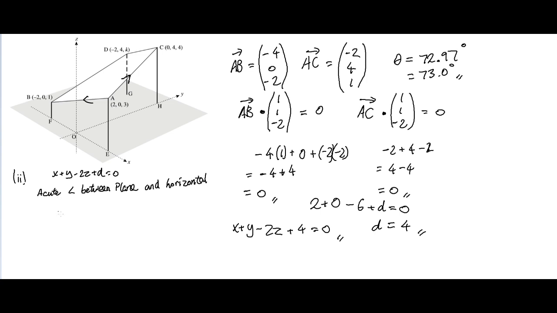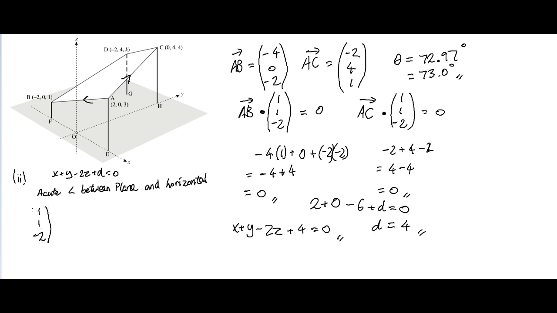Well, technically two, plus and minus, but they are on the same axis anyway. So let's find the normal vector for the plane, which is given as 1, 1, and minus 2.